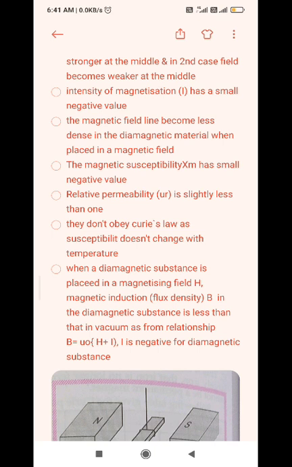The value is small, magnetization intensity is positive, hence relative permeability and susceptibility are positive and slightly greater than 1. For ferromagnet it is large.